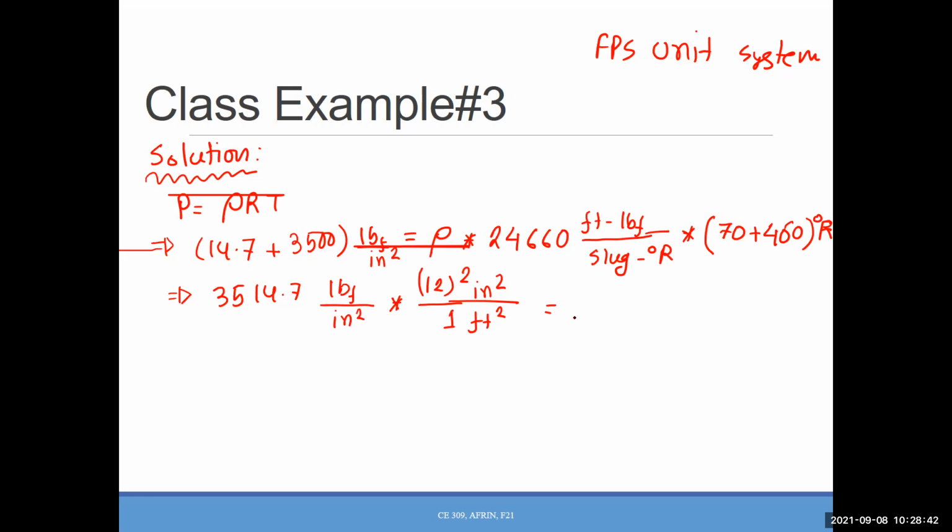Now, I have rho here. I have 24660 feet pound per slug multiplied with 460 plus 70, which is what? 530, right? Okay.